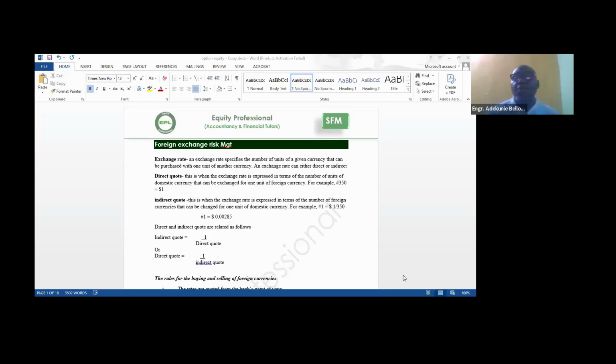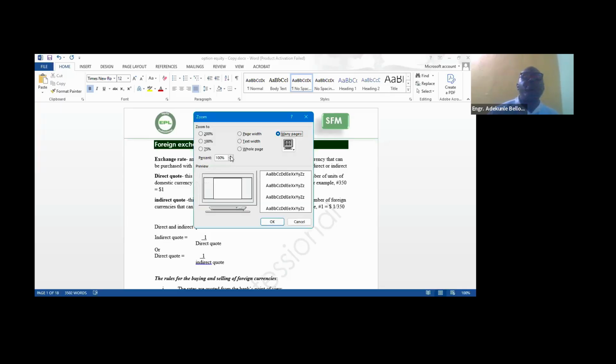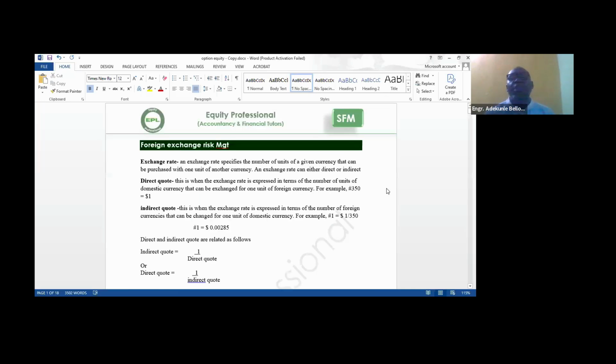For example, 350 naira to $1. The number of units of naira that can exchange for 1 unit of dollar.